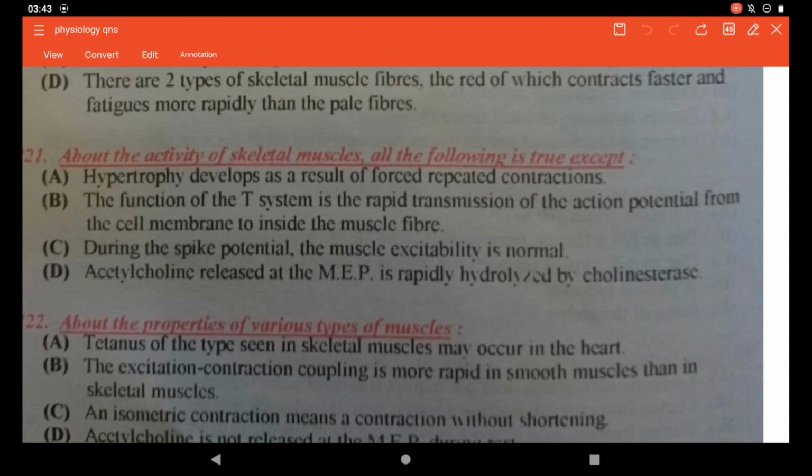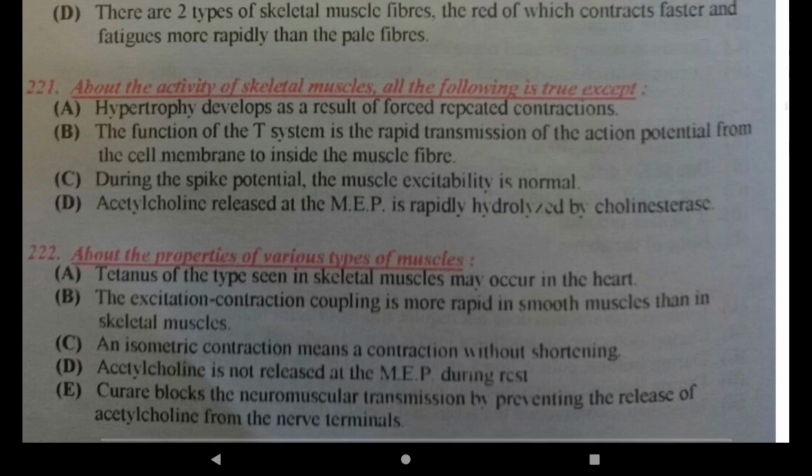We can go ahead and look at the next question, about the activity of skeletal muscles. All the following are true except: A. Hypertrophy develops as a result of forced or repeated contractions. B. The function of transverse tubules is rapid transmission of an action potential from the cell membrane to the inside of the muscle fiber. C. During spike potential, the muscle excitability is normal.